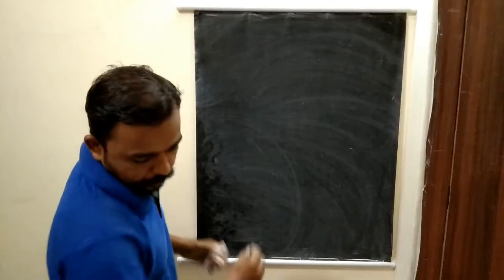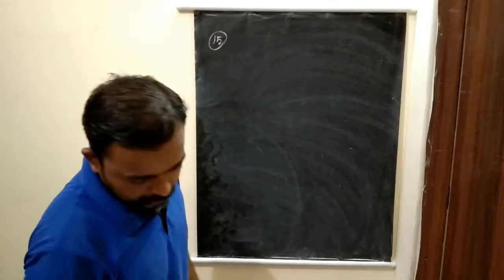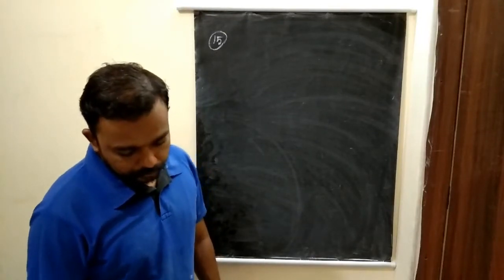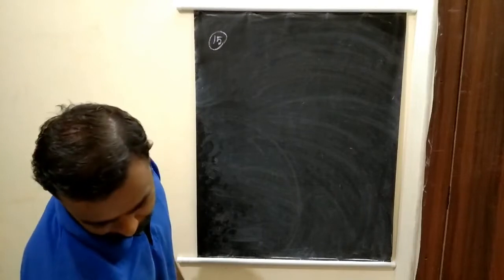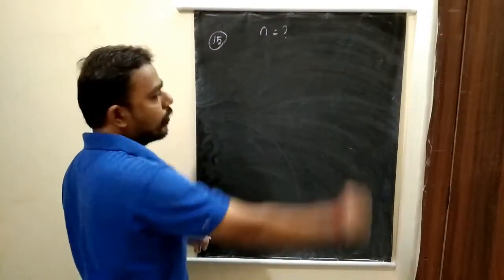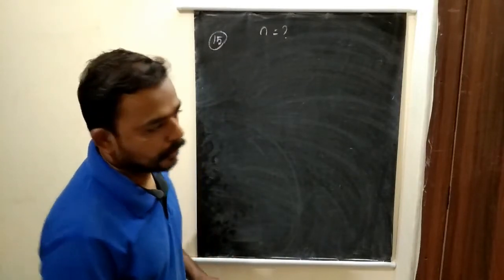Next, 15th problem. For what value of n the nth terms of 2 APs are equal?